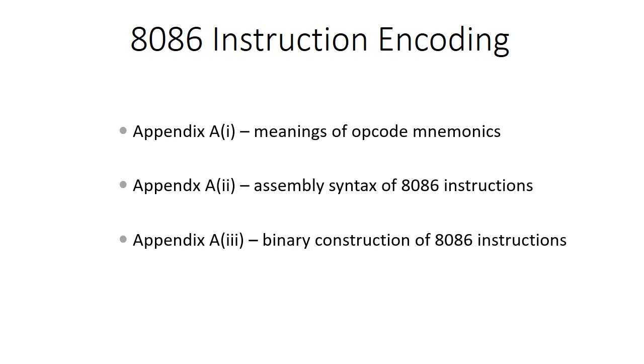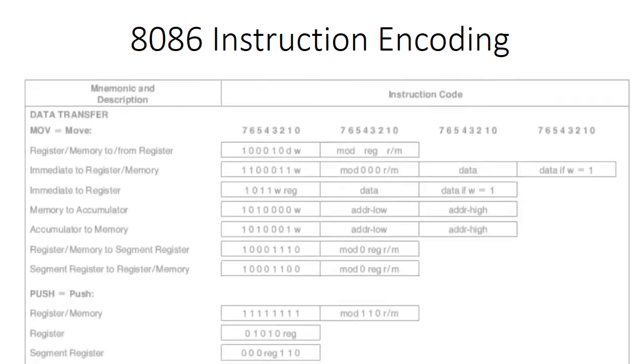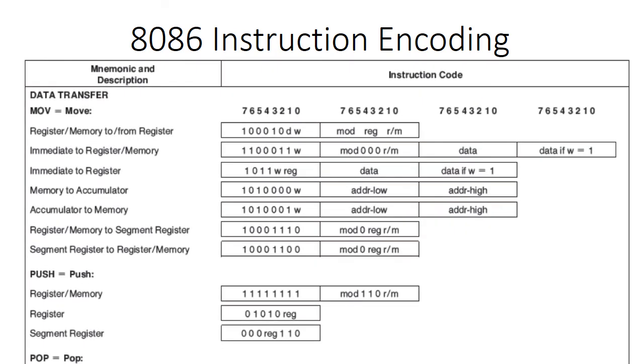The third table in Appendix A3 gives the binary construction of the 8086 instructions. Shown here is an extract of the table in Appendix A3. It shows the binary constructions of a couple of 8086 instructions. Opcode bits are always given for each instruction.